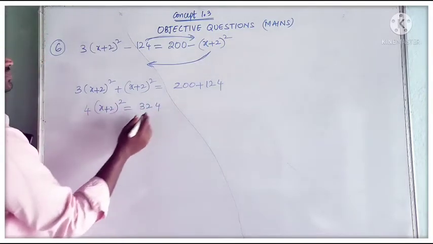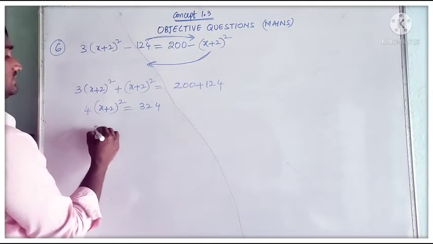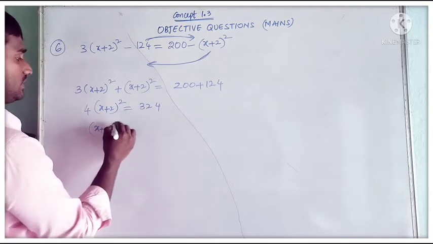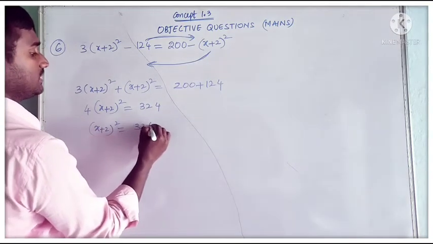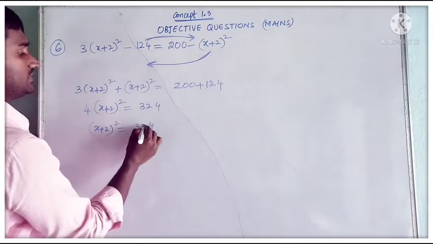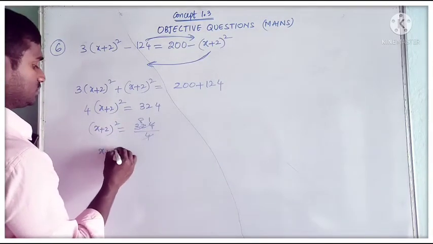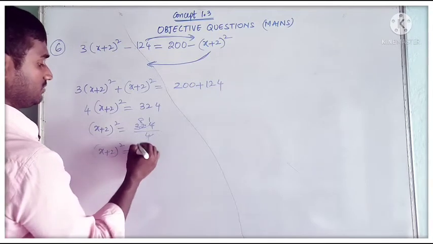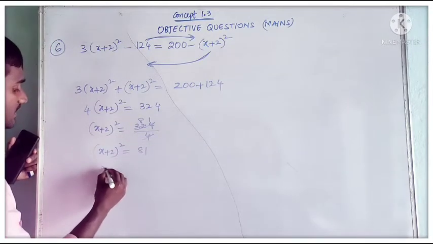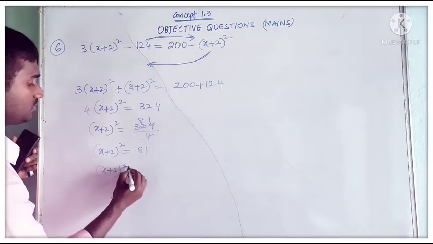Now this 4 you can transpose to the right side: (x + 2)² = 324/4. 4 ones are 4, 4 eights... 81. So (x + 2)² equals 81.